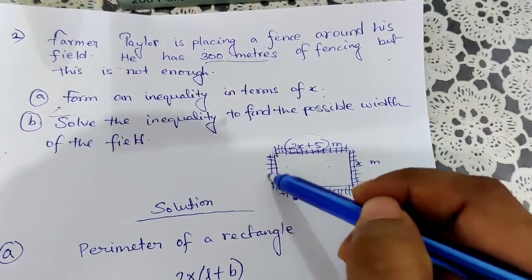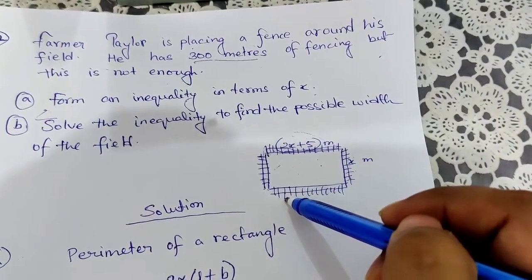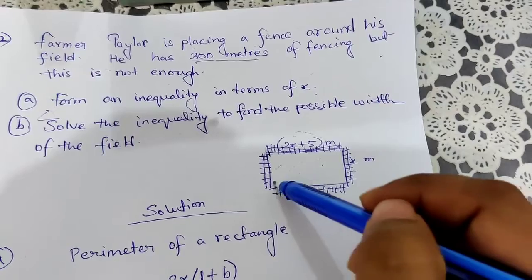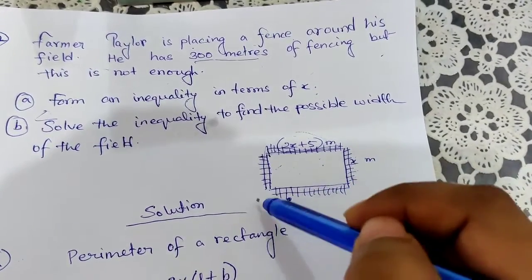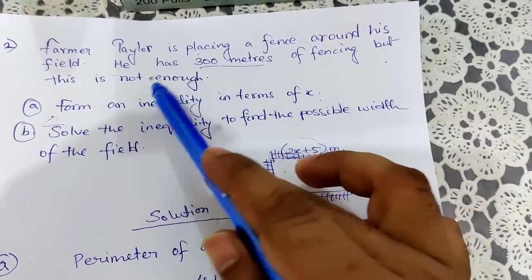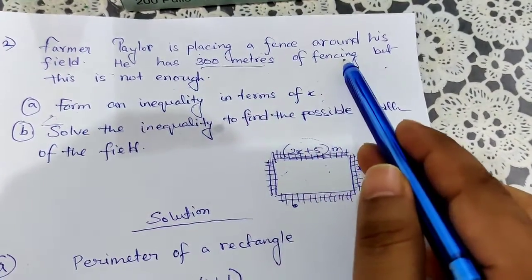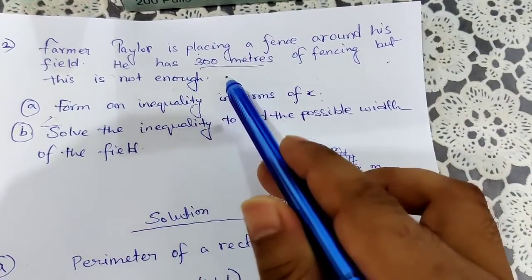Let's say from here till here, it's 300 meters. But the perimeter of the rectangle is more than 300 meters. You understand? Because it says that he has already provided 300 meters of fencing, but this is not enough.